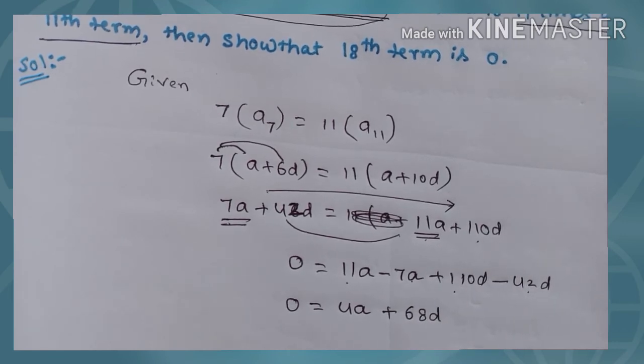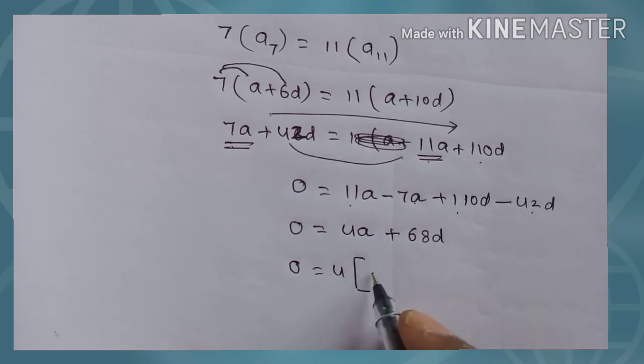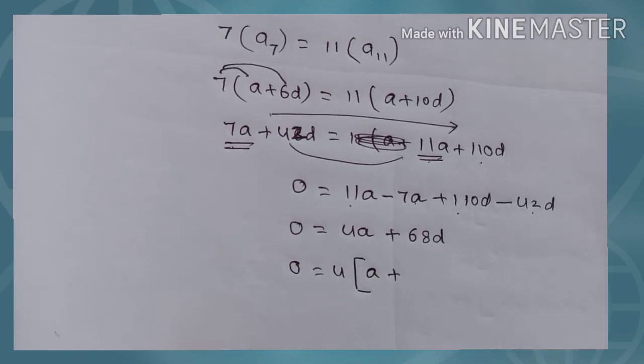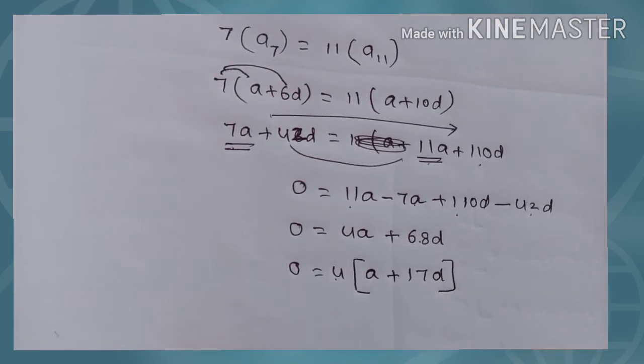Now 0 we can write as 4, taking 4 out as common from the two terms. Here A remains from the first one, and for the second, 4 how many times? 68. 4 17s are 68, so 17D.